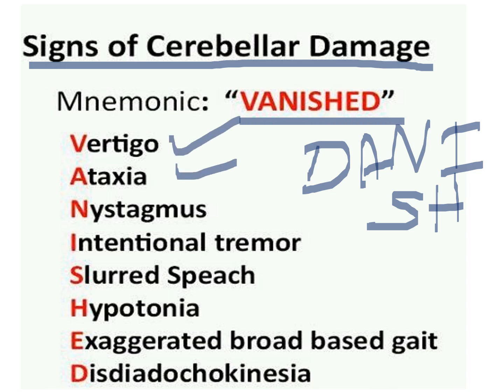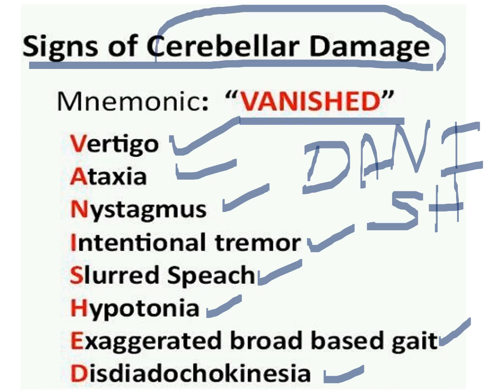Vertigo, ataxia, nystagmus, intentional tremor, slurred speech, hypotonia, exaggerated broad-based gait, and dysdiadokinesia. You should have learnt all this in neurophysiology also. So if the cerebellum is affected, we have many signs and symptoms of cerebellar damage, which we can remember by this mnemonic VANISHED.